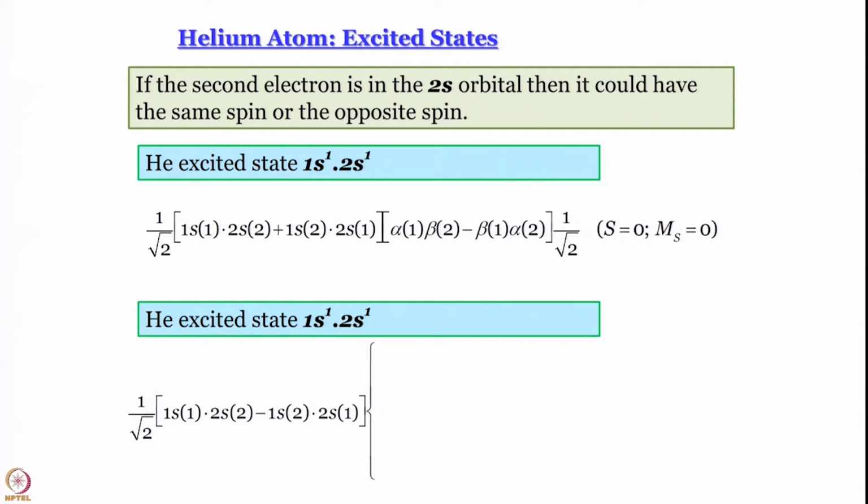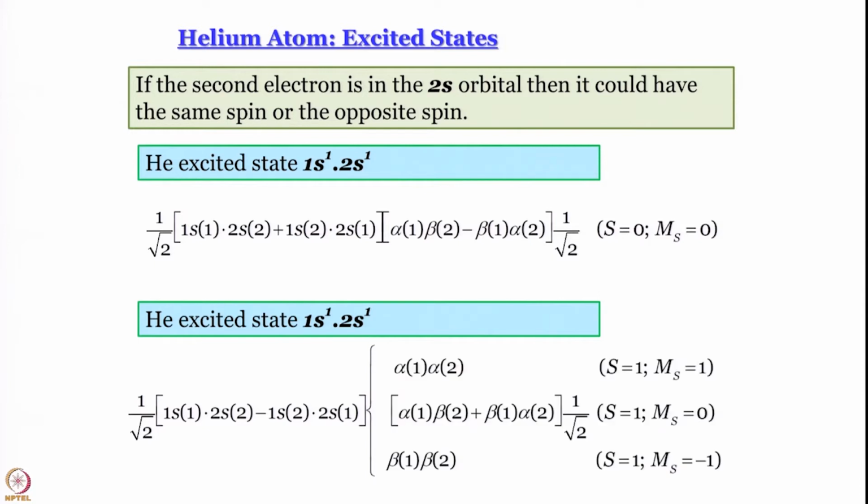But before that, let us see what happens for the spatial part where there is a minus sign. This itself is antisymmetric. So, we have to multiply it by one of the symmetric functions. We can multiply it by alpha(1) alpha(2) or beta(1) beta(2) or alpha(1) beta(2) plus beta(1) alpha(2) multiplied by 1 by root 2. All these 3 functions can be multiplied. So, what do you get? From the symmetric spatial part, we generate a single wave function.